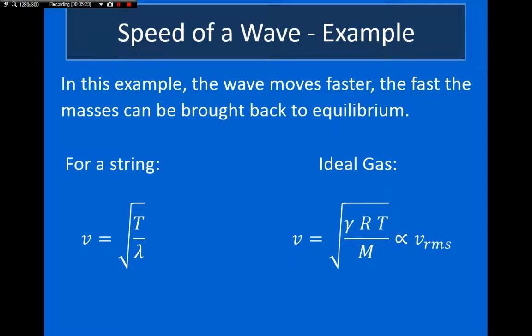Okay? And this should make sense because the amount of time it takes for the air to rush into an area where there's a lower density should just be related to the speed that the air moves. So we can see, of course, that the speed of a wave in an ideal gas is proportional to temperature and inversely proportional to mass, just like the RMS speed was.